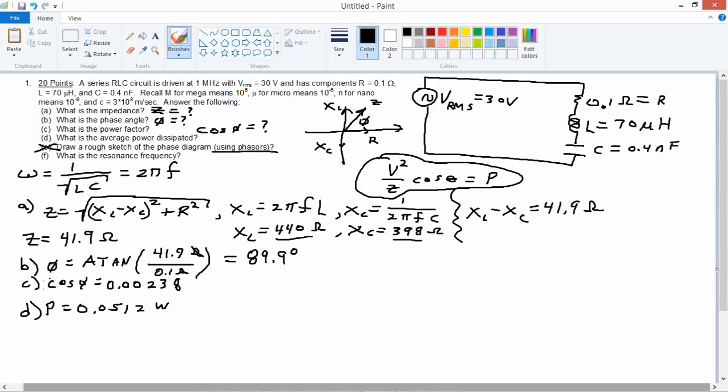We've already drawn the phasor diagram. F, resonance frequency.